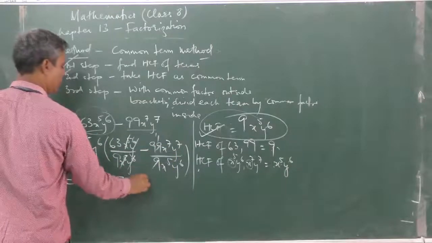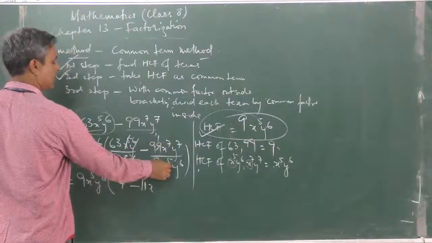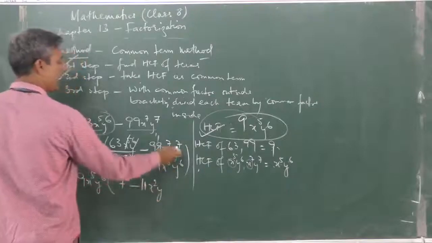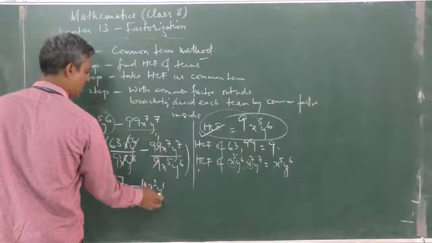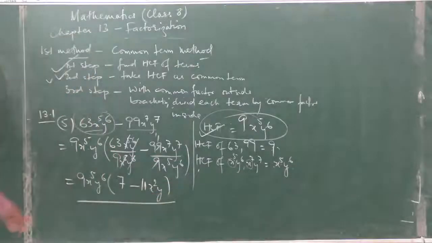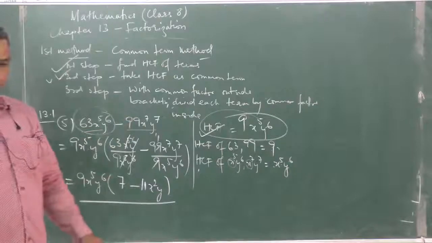Now how will you do it here? You will take the power in the numerator minus the power in the denominator. 7 minus 5, 2. y, power in the numerator minus the power in the denominator, y to the power of 1 or simply y. So this is your final answer for factorizing question 5 as it is.